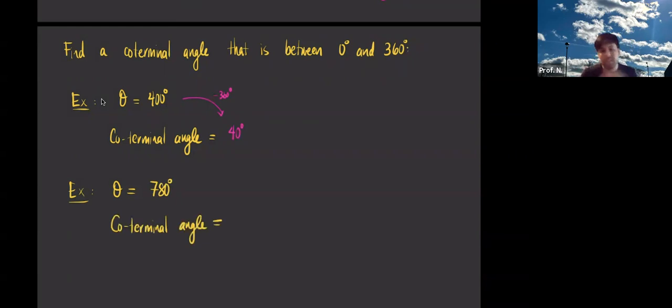Like I said, there's an infinite number of coterminal angles. So in order to get a specific one, I need to create this interval here. So to go from 780 degrees to an angle that's coterminal to it in the 0 to 360 degree range, I have to do what? I have to subtract by 360, don't I?